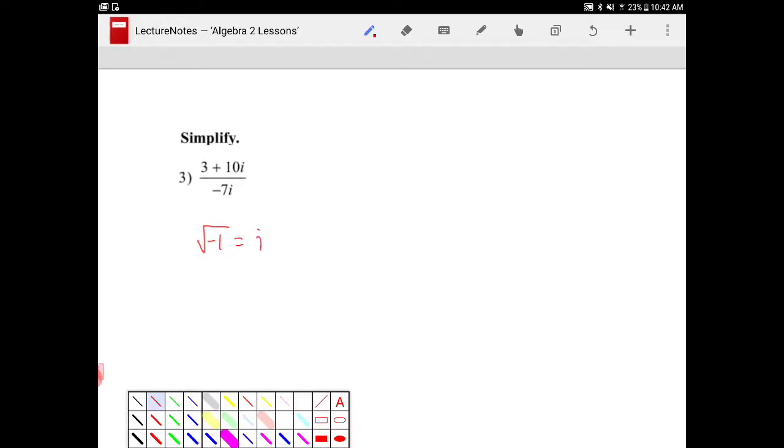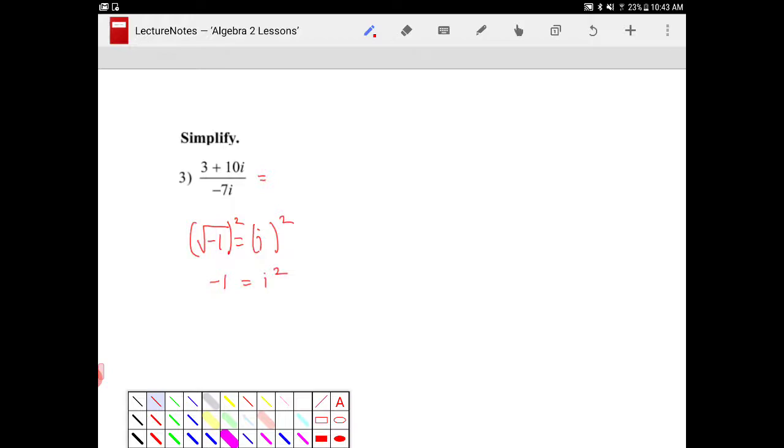So just like in the previous video on rationalizing expressions, what you have in the denominator is actually a radical. So how are we going to get rid of this? Well, if I square both sides, the radical -1 will become -1. So i squared is -1.